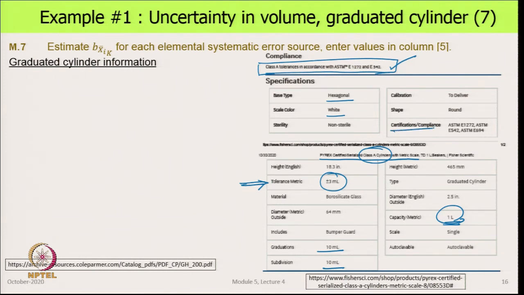So, here certifications and compliance: ASTM E1272, ASTM E542, ASTM E694. So, always try to figure out, whenever you look at any instrument, what are the standards to which it is traceable or conforms, and for one that does not have any, we have to be a little more cautious in using it.